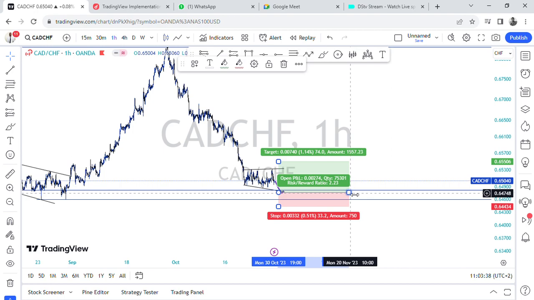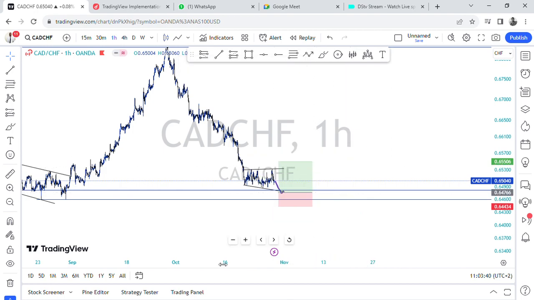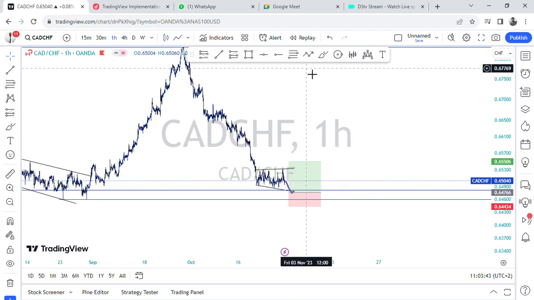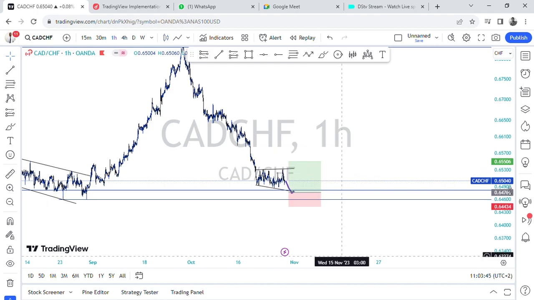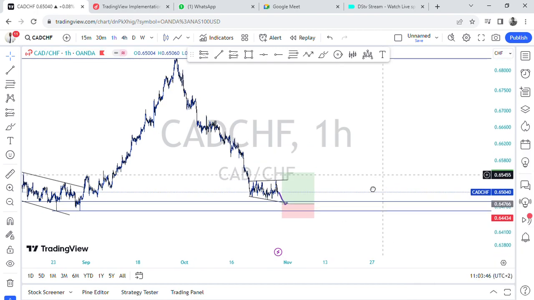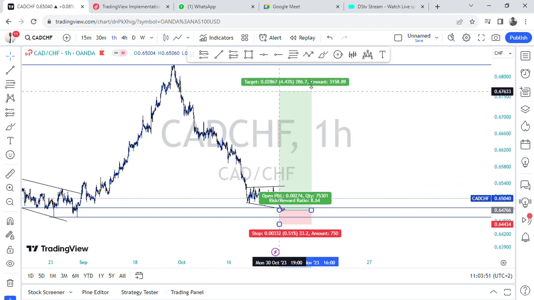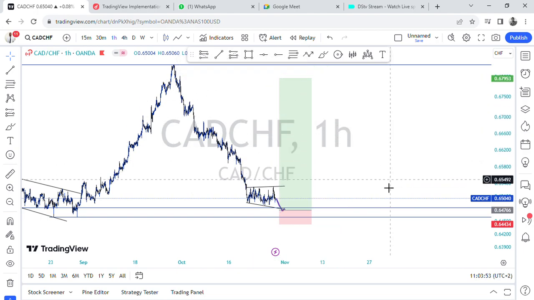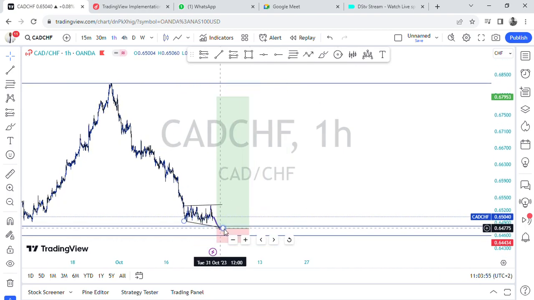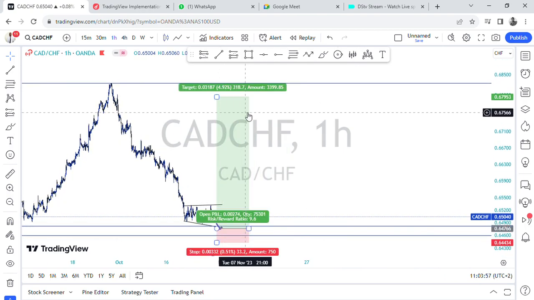It's a risk entry because price has not yet broken out, and it can still break to the downside, but we don't really mind so much about that. You don't want to be so perfect. You just want to be a little aggressive sometimes. So if you take a risk entry here and buy and it moves to the upside, it is a 1:9.6 risk to reward ratio.